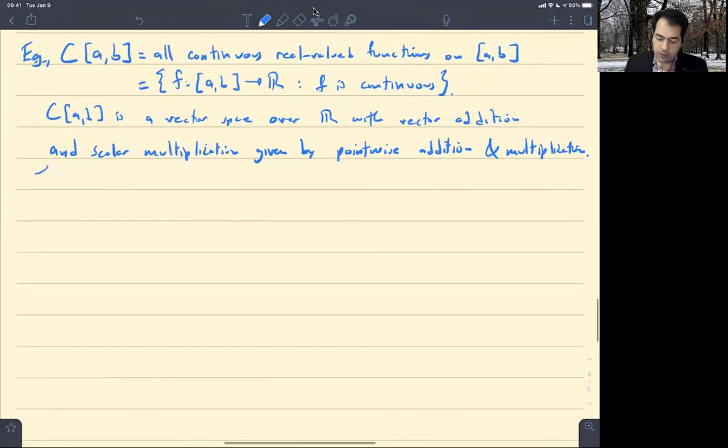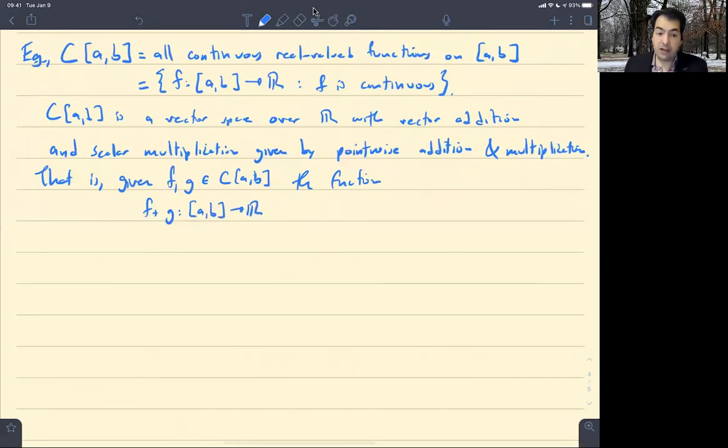So what's that mean? Well, that is, if you're given two functions, f and g, and they're both continuous functions on the interval [a,b], the function f plus g, right, defined on the interval [a,b], taking values in the real numbers, given by f plus g at the point x is just f of x plus g of x, right?